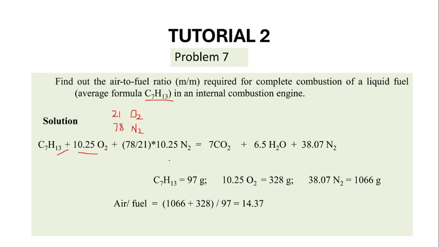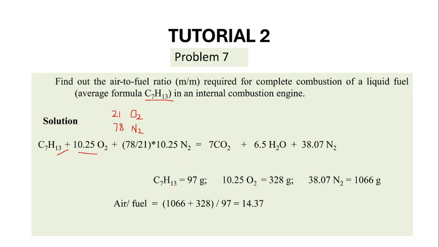Now we need to find how many moles of nitrogen there are. Here you know the composition of oxygen and nitrogen in the air, so you multiply by 78 over 21 to arrive at the nitrogen amount. Okay, and then you need to calculate the molecular weight of each component.